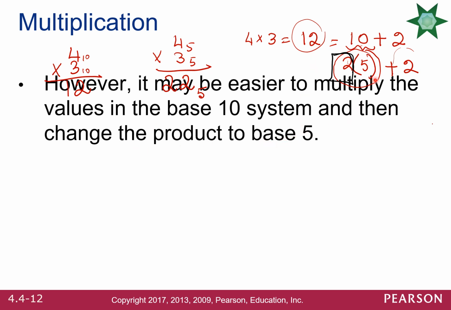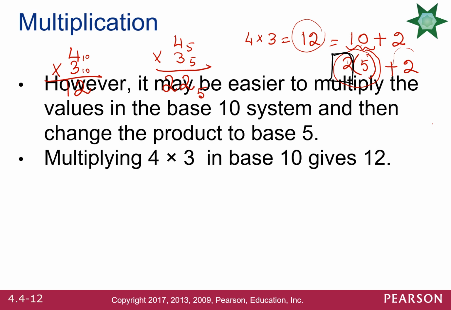How did we do that? We extracted multiples of 5 from that value, and then we wrote the leftover value first to the right, and the multiples of 5 that we extracted were put to its left.